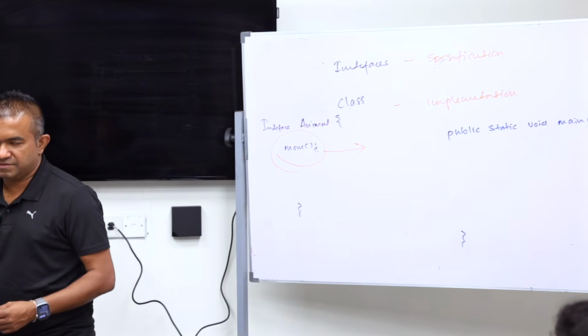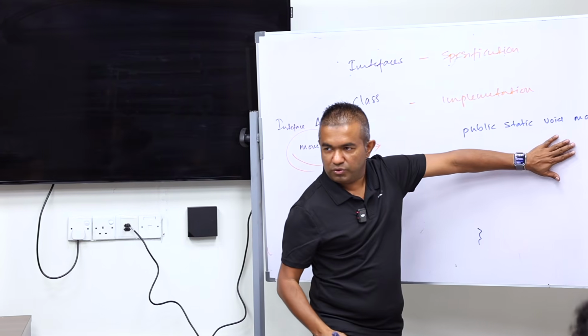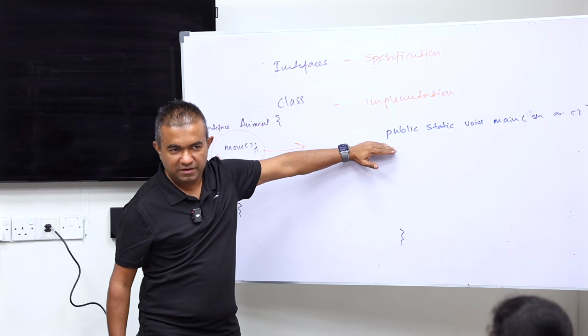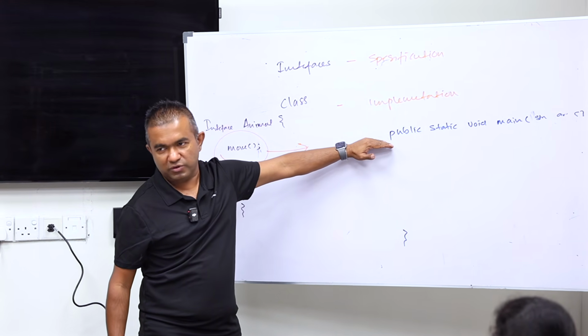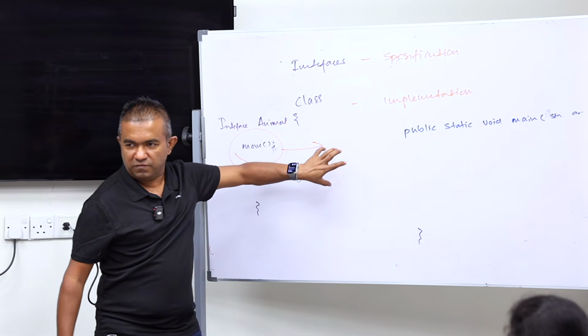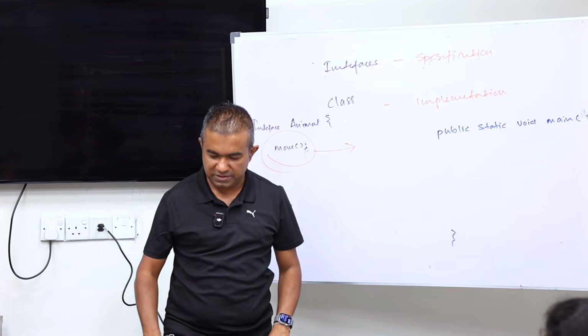Now we can write our code here. If you do not have this method, then the JVM will fail to load your class, because it is looking for the main method. But from here you can invoke any other classes. So, that is the basic fundamentals we know.